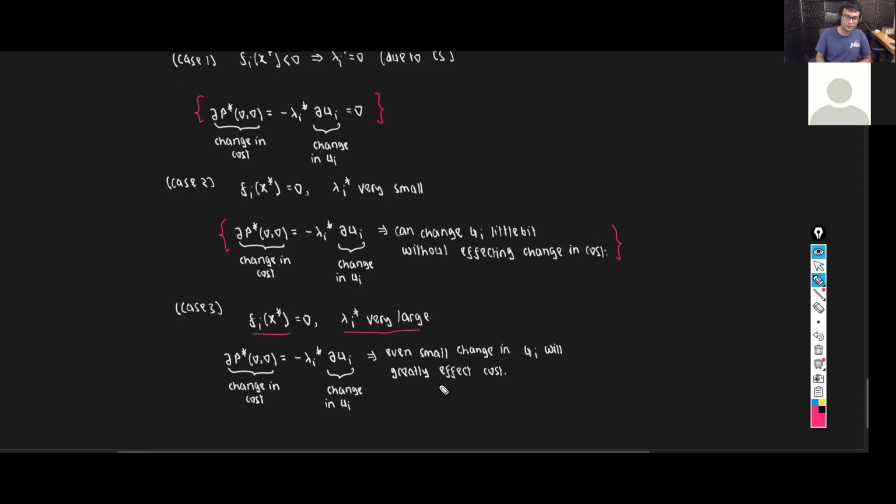So this says that even if you have a very small change in UI, lambda star can be very large. Even within this realm of very small perturbation, if lambda star is very large, it's something to be very careful about. This is a constraint that you don't want to mess with.